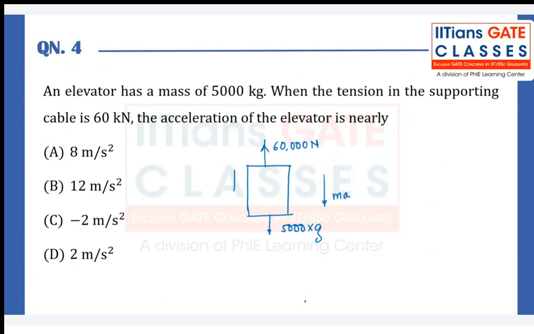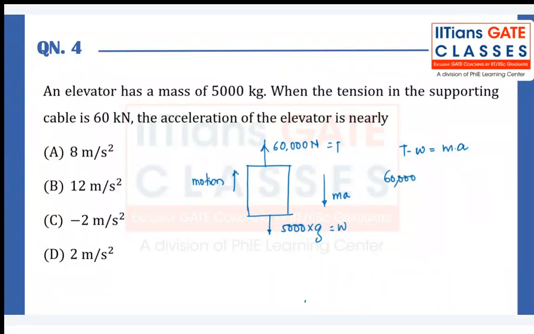So assuming it, if the motion is in this direction, the mass times the acceleration inertia force will be in the downward direction. So we can say, this is the tension, this is the weight. So tension minus weight, which is mg, is equal to the mass times acceleration.